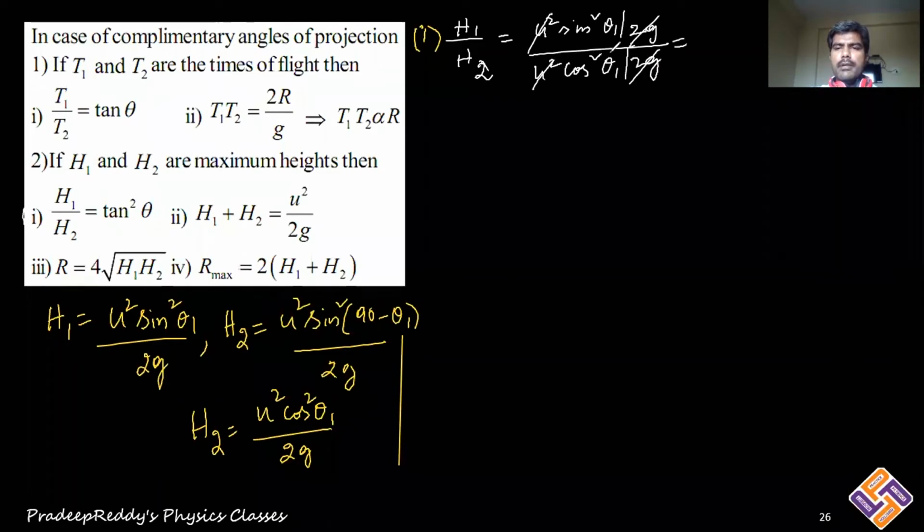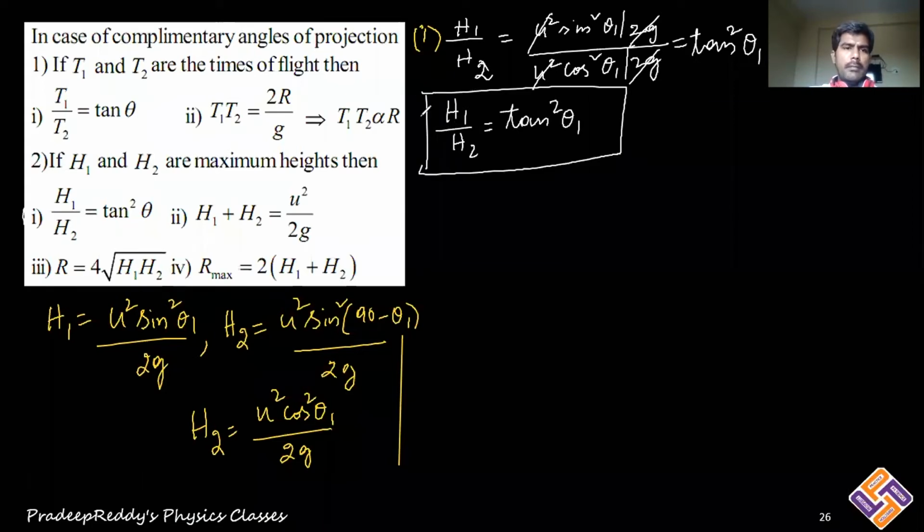Sine square theta 1 by cos square theta 1, that is tan square theta 1. Okay, so H1 by H2 is equal to tan square theta 1.